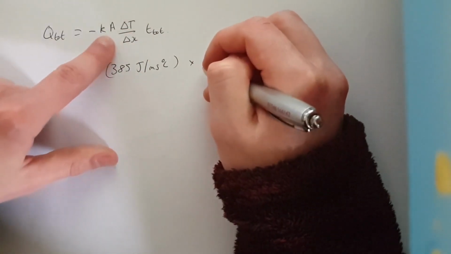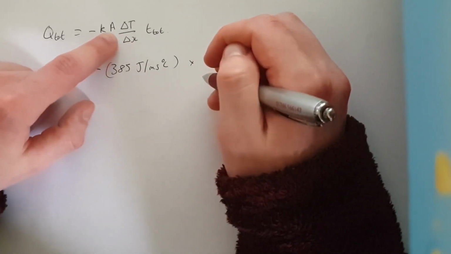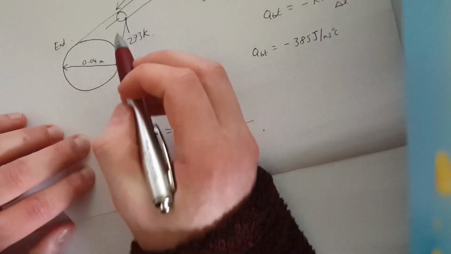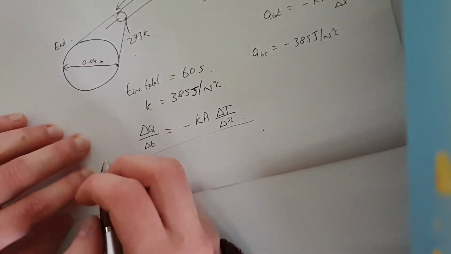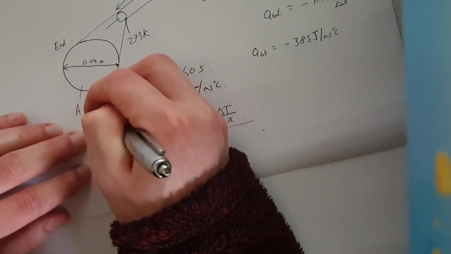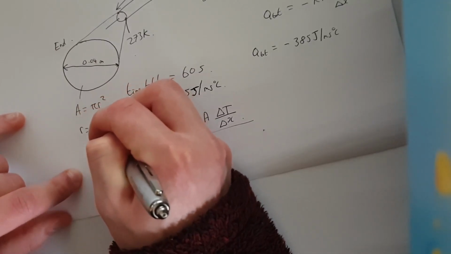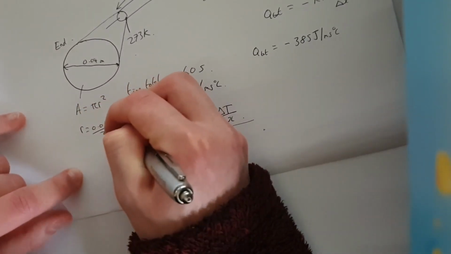times, now what is A in this situation? A is the area of that rod. So that's the area of this circle at the end here. And the area of this, A, is equal to pi r squared. R is equal to 0.04 divided by 2 meters.